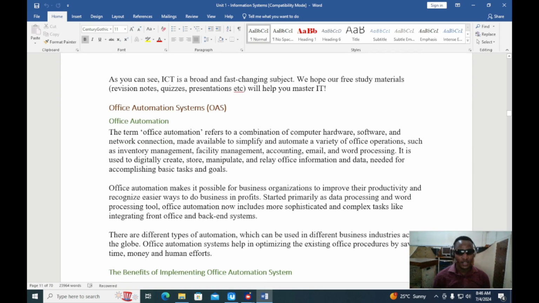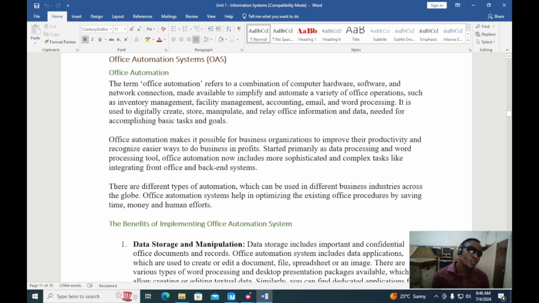So if you look at ICT, it is actually a very broad and fast changing subject. It is evolving every day, and that is one of the reasons I said there is no agreed upon or unique or specific definition of ICT. The reason is because ICT is evolving every day.